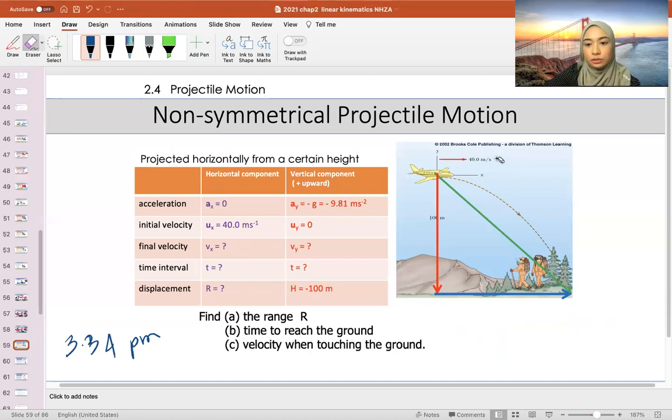Okay, Vx is equal to 40, so I just put that in here. Ux is equal to 40 and Uy is equal to 0. How do I know it is 0? Because it is projected horizontally from a certain height. Projected horizontally means they don't give any launching angle, and they say projected horizontally, meaning it is thrown straight forward, just like that.